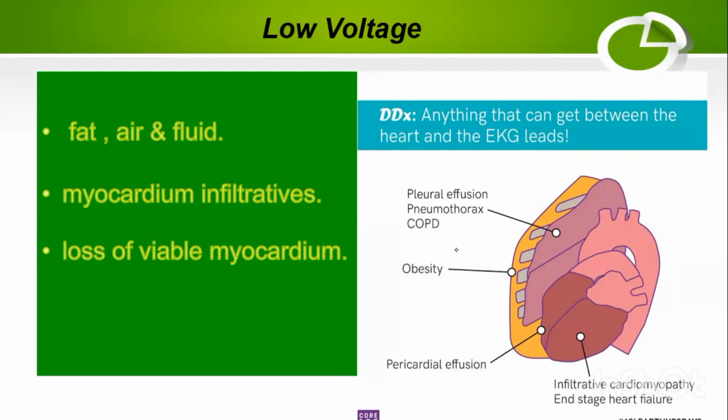So we'll start from outward to inside: obesity, myxedema, pleural effusion, pneumothorax, COPD, pericardial effusion, constrictive pericarditis, myocarditis, pneumopericardium, pneumomediastinum, post-MI, dilated cardiomyopathy, and amyloidosis. All of these are causes of low voltage QRS.